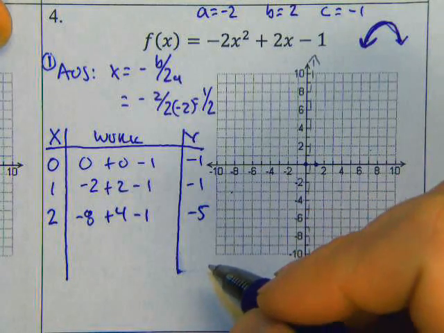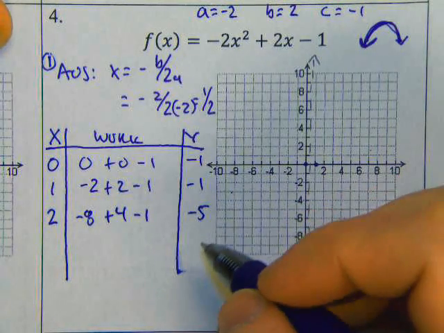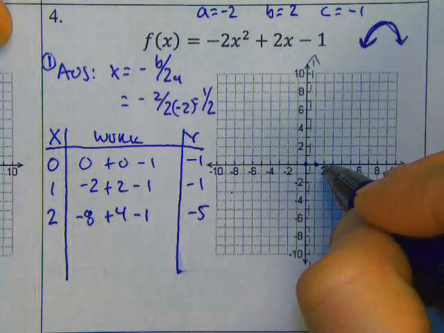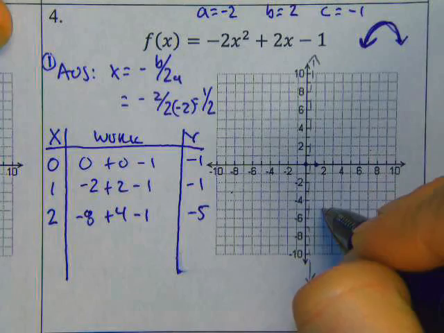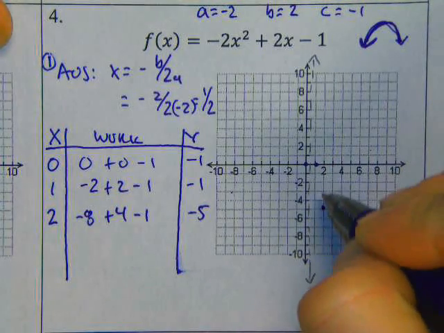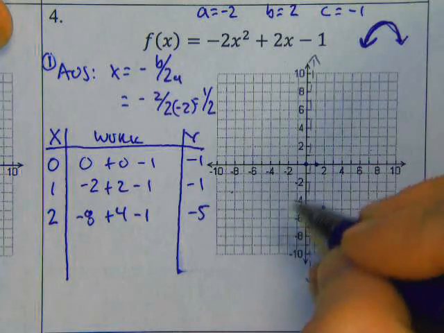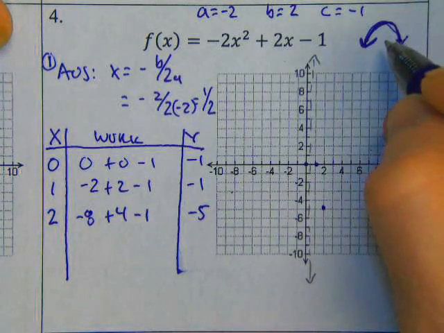So if I plug in 2, I've got -5 right here, so that's looking good because I'm going to have a vertex axis of symmetry right here. My other point should be here, so that's looking like my sketch.